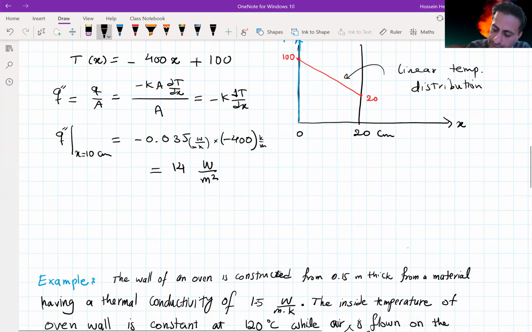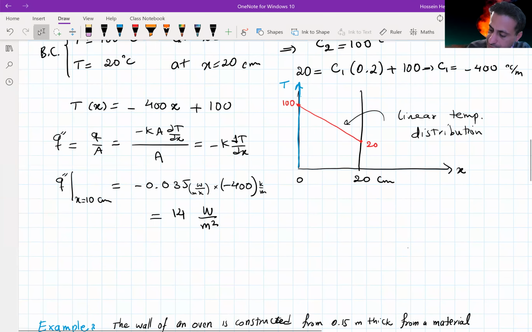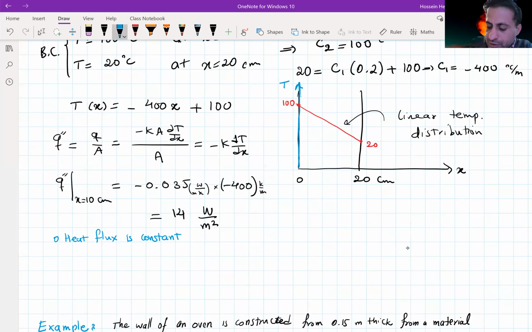There are a few things that I'm going to list here before going to the second problem. One of them is that heat flux is constant. It doesn't really depend on where we are measuring. At any x location, the heat flux going per unit area is going to be constant for this problem.